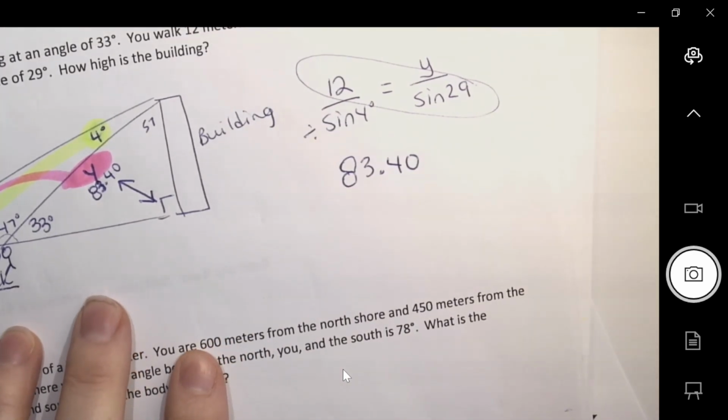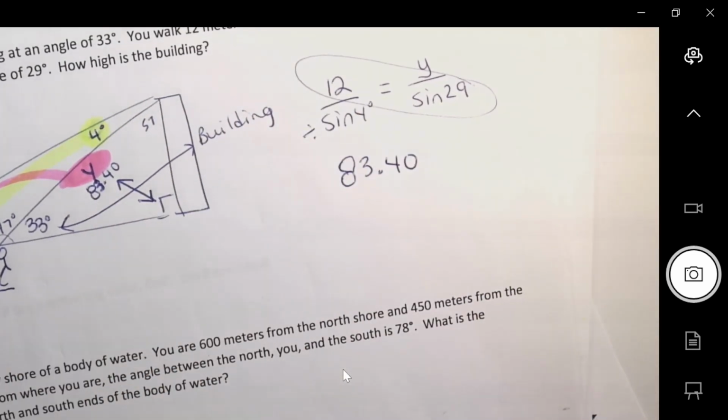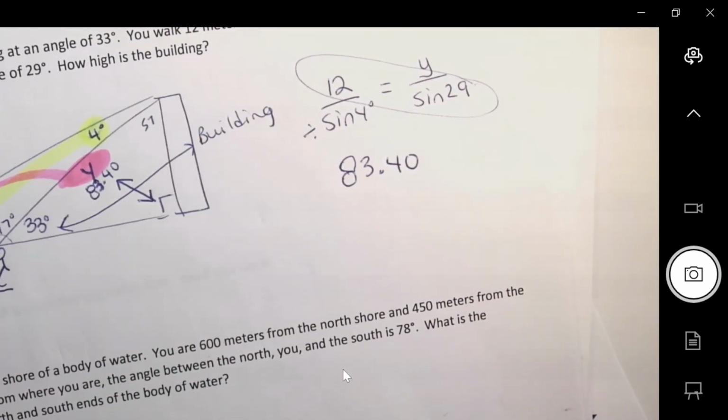And here's the question, or here's a mistake that I see. What should I pair the building with, the 29 or the 33? The 33. Sometimes I get somebody who pairs it with the 29, and why would that be a mistake? They're not inside the same triangle. They're two different triangles. Okay.